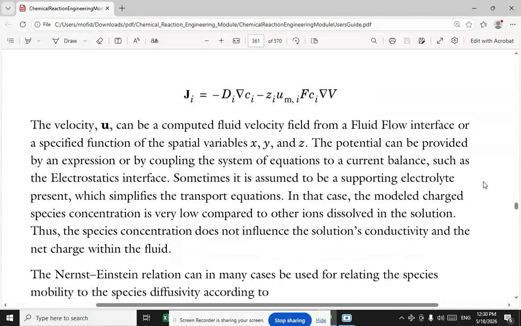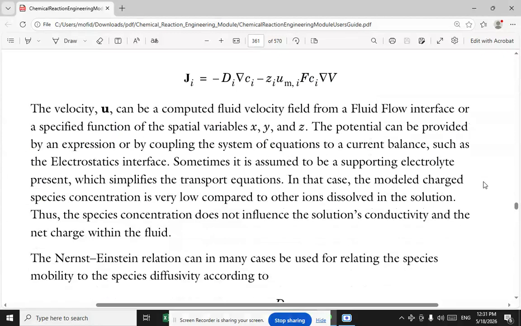The potential can be provided by an expression or by coupling the system of equations to a current balance, such as the Electrostatics interface, assuming a supporting electrolyte is present, which simplifies the transport equations. In this case the modeled species concentration is very low compared to other ions dissolved in the solution. Thus, the species concentration doesn't influence the solution's conductivity and the net charge within the fluid.